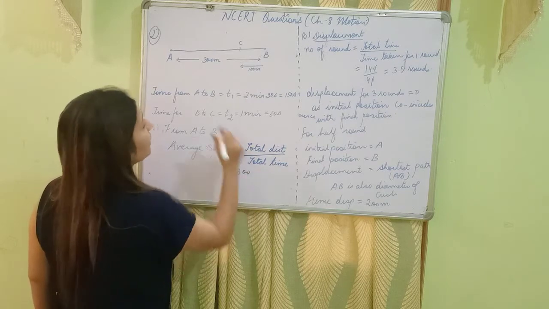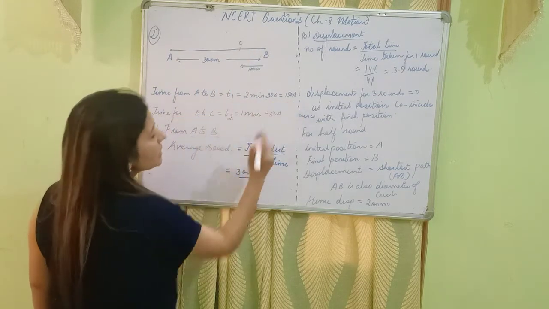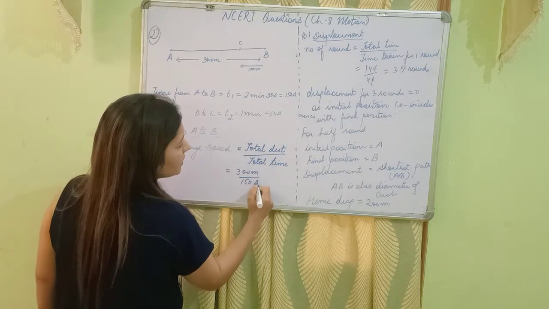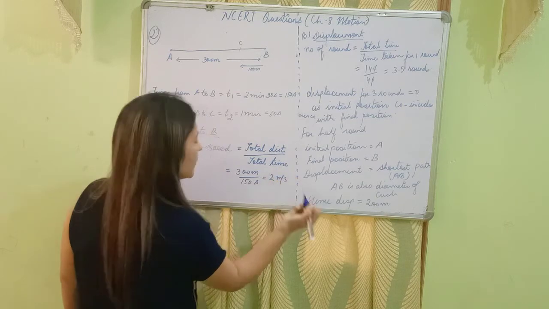It is 300 meter. And the time taken from A to B is 150 seconds. So this would come out to be 2 meters per second.